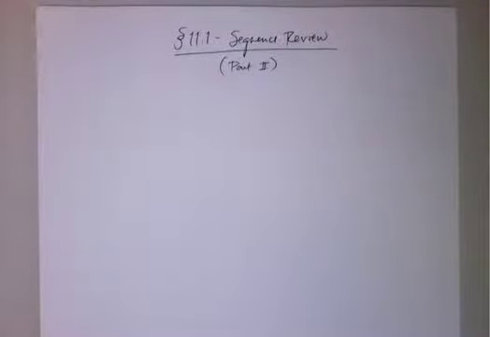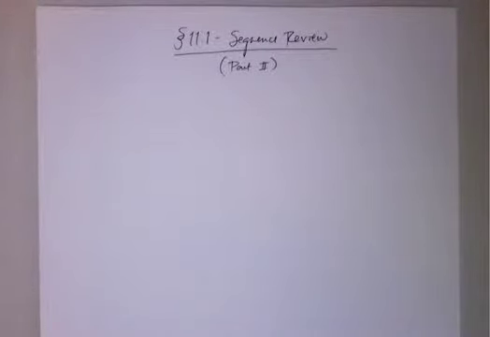Convergence of a sequence means that as you approach infinity, the outputs of your function are going to approach a finite recognizable number. So what this really is just end behavior.